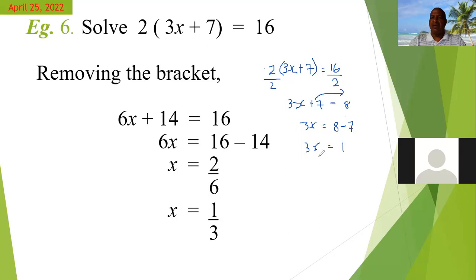And now we need to get rid of the 3 beside x. So we divide both sides by 3. So this cancels on the left, leaving x. So we see that x would be equal to 1/3, which is the same answer, but just a different approach.